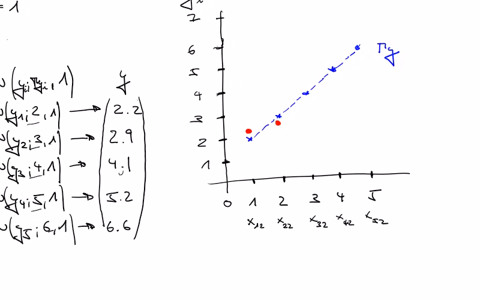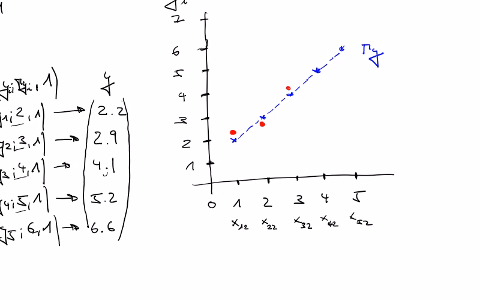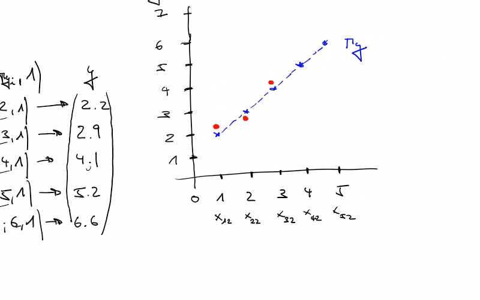For 3 we have 4.1, so we have something here. For 4 we have 5.2, and for 5 we have 6.6. So these are our y values now, and there's not much sense in actually connecting them.